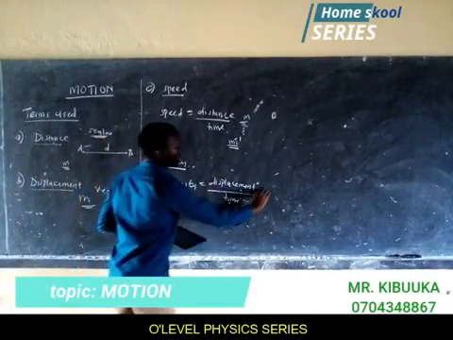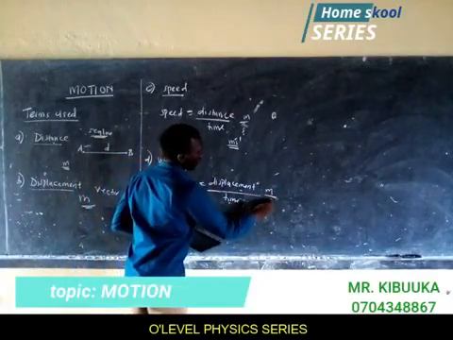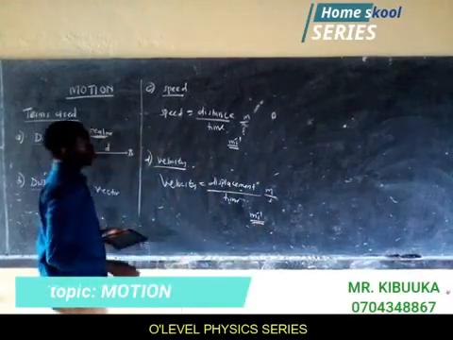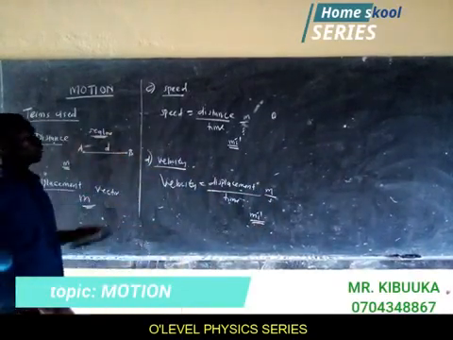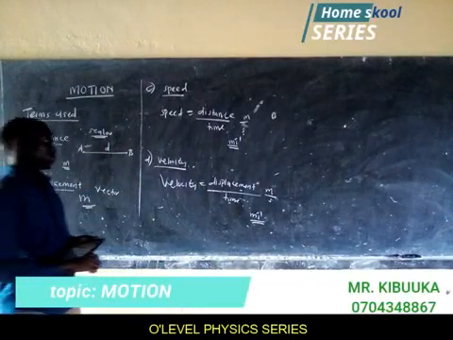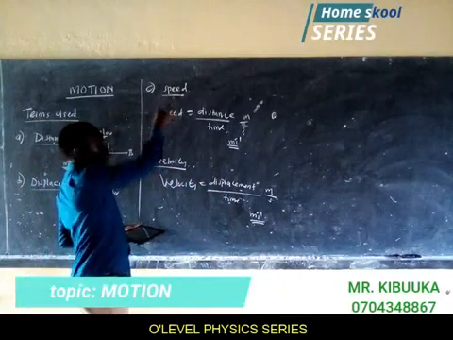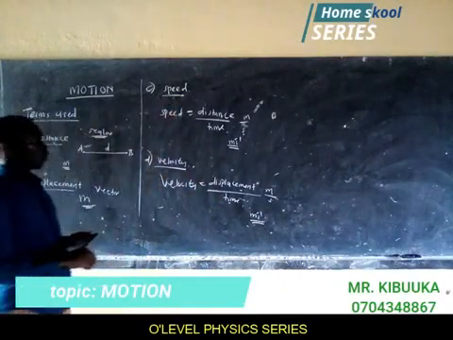Now, displacement is in meters and time is in seconds, giving us meters per second, meaning velocity and speed have the same SI unit of meters per second. The distinction is speed is a scalar quantity, velocity is a vector quantity.